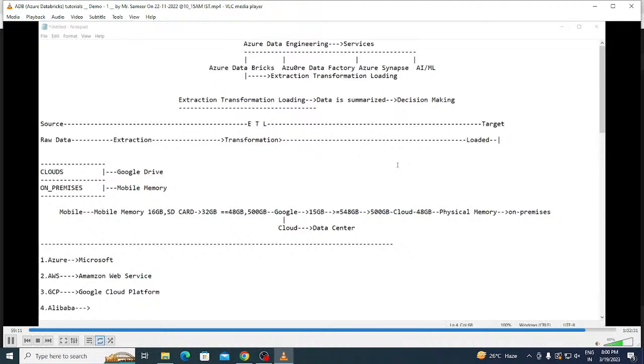Once the data is inserted, picking up the data from there, preparing or moving the data into Delta Lake and then performing the visualization, for all this process we are using ADB only. Okay, got it.